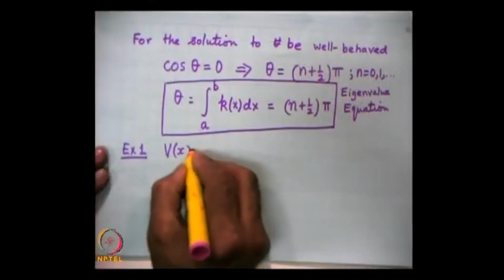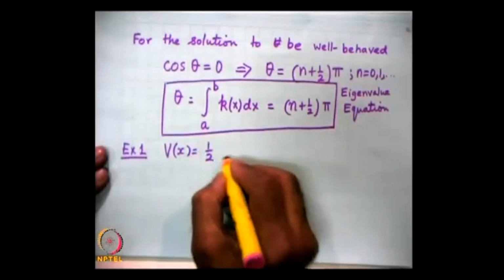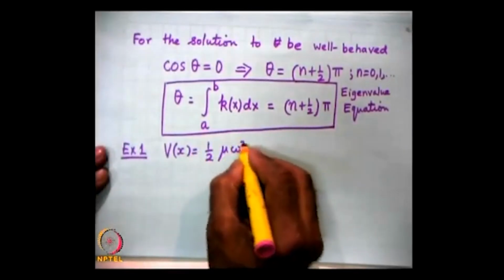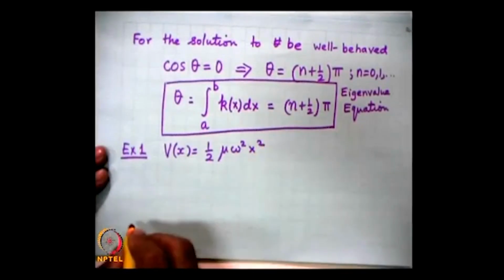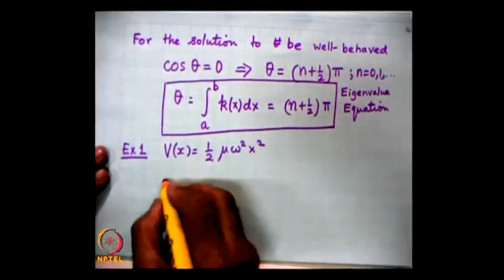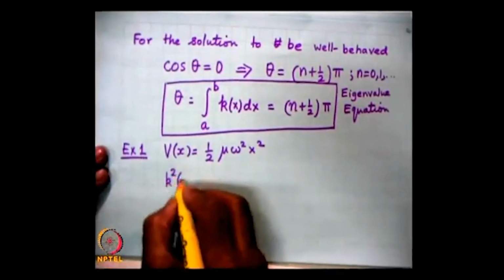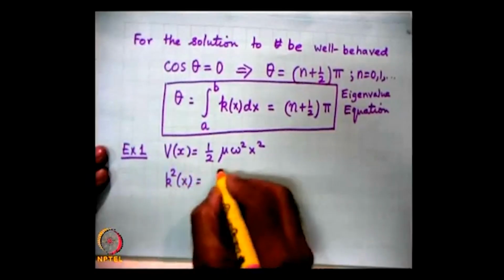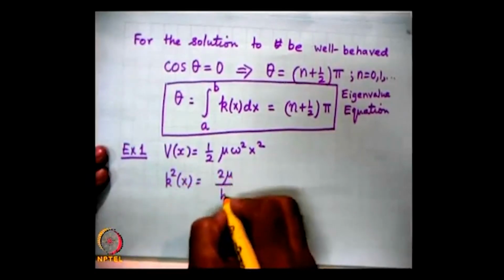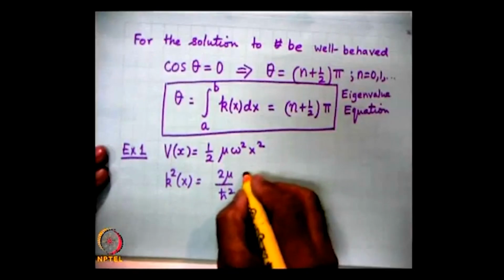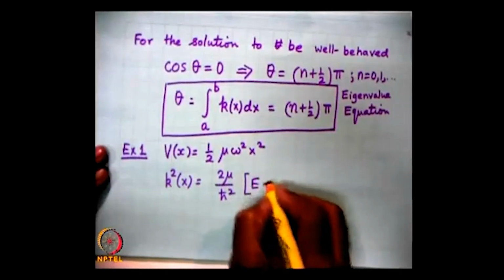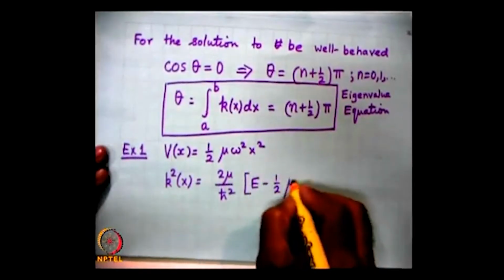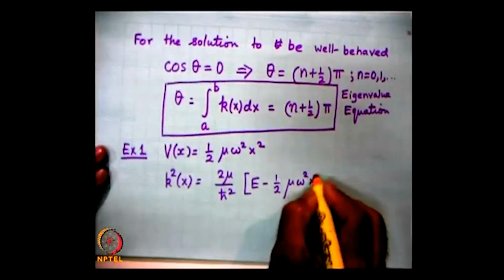So, we now consider our linear harmonic oscillator, V of x is equal to half mu omega square x square. So, you have k square of x is equal to 2 mu by h cross square times E minus V of x. So, E minus half mu omega square x square.